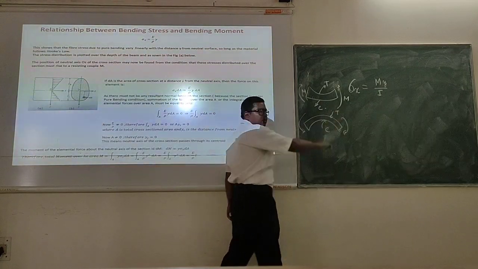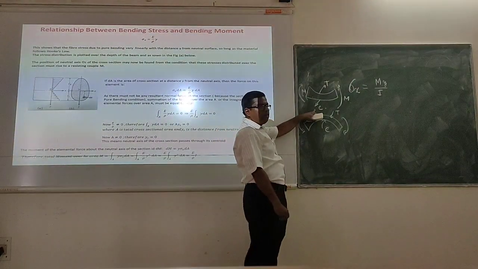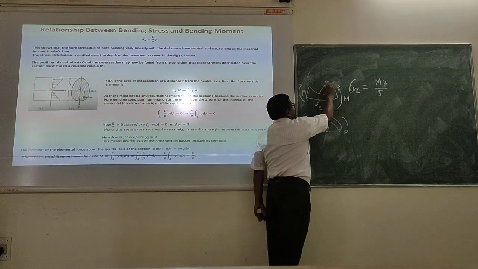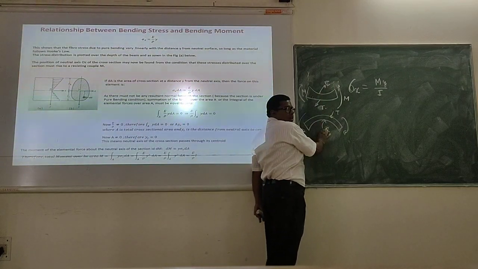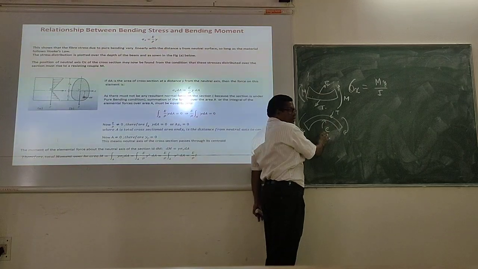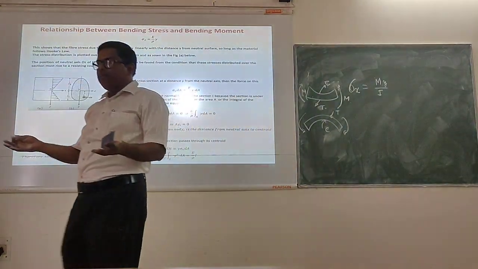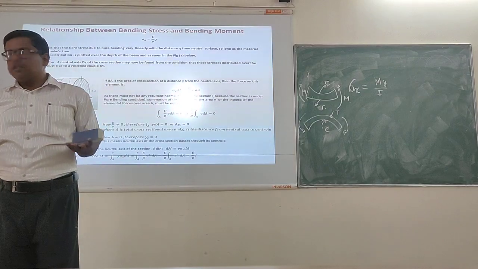And the opposite case: this one will be compression, this one will be tension. Is it correct? Tension, compression. So whichever way it may be, you can find out your bending stress using that bending stress equation.